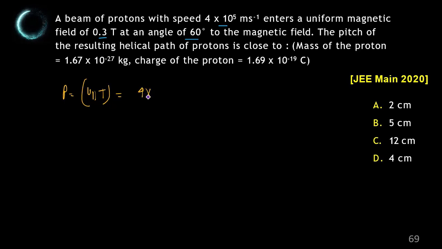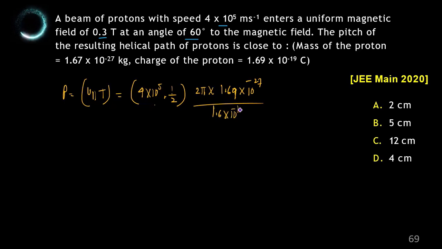So 4 into 10 to the 5 cos 60 means half, into 2 pi m, 1.67 into 10 to the power minus 27, by qB, 1.6 into 10 to the minus 19 into 0.3. Look, the 2 here, everything cancels. 2 by 0.3, 4 pi by 0.3 pi, and when 0.3 goes, yes, 5 centimeter. Right, 5 centimeter.